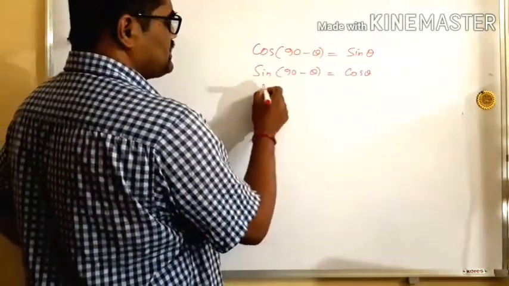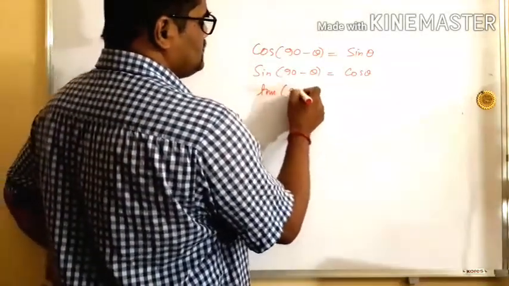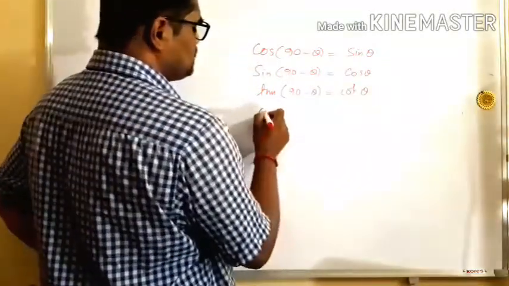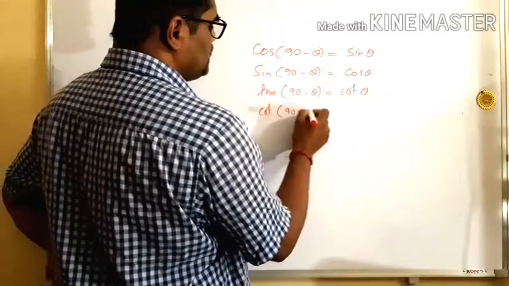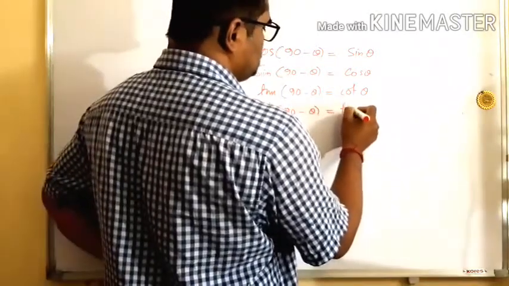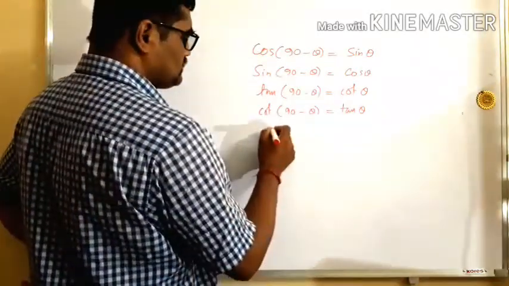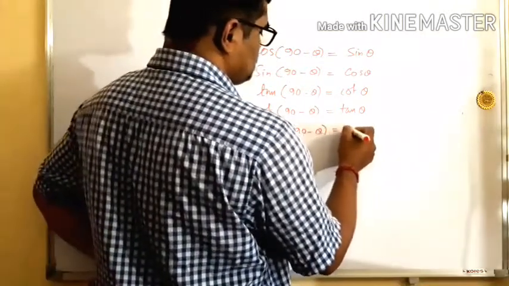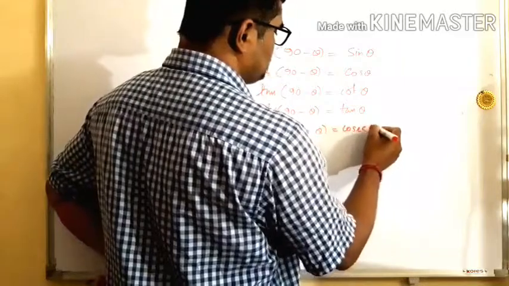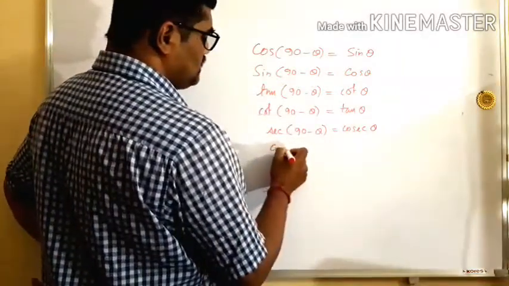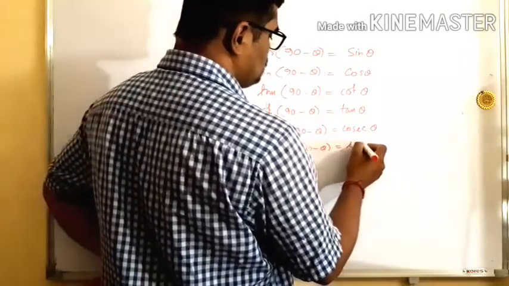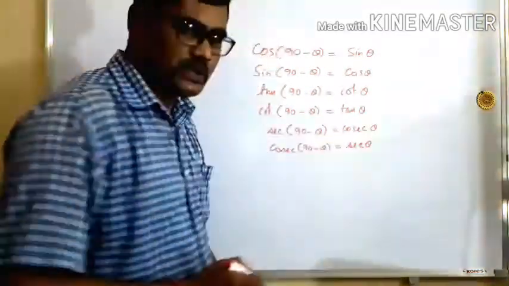The second, tan of 90 minus theta is equal to cot theta, and cot of 90 minus theta is equal to tan theta. Then sec of 90 minus theta is equal to cosec theta, and then cosec of 90 minus theta is equal to sec theta, right?